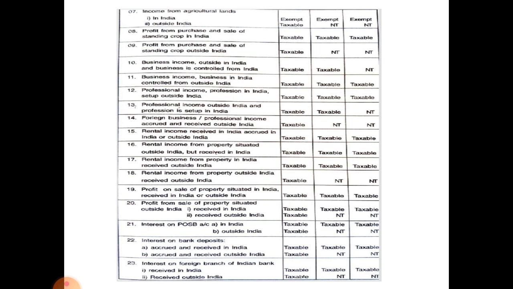If such land is situated outside India, ordinarily resident must pay tax, and not ordinarily resident and non-resident need not pay tax, that is not taxable income for them. And other things you can understand by reading these points.